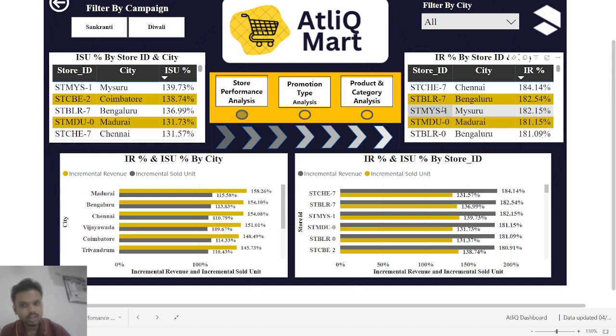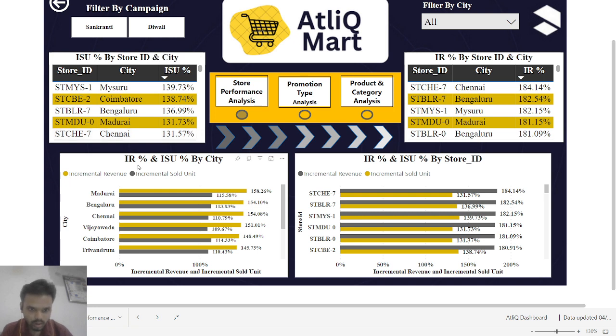So we can consider this store as one of the top leading stores for AtliQ Mart, situated in Mysuru. Secondly, we can see that STMDU 0 in Madurai also comes under top 5 in both circumstances, so it can also be a leading store. And we can see that STCHE 7 appears in both, so it can also be a leading store.